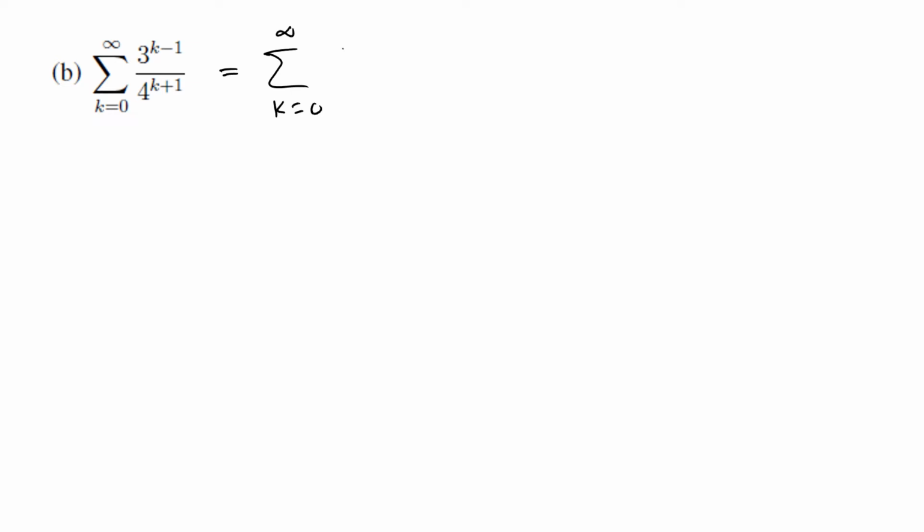You can write this one as 3^k, and then 3 to the -1, divided by 4^(k+1). Now 3 to the -1 is 1/3. So you can write this as the sum with k going from 0 to infinity. If you bring it down, 1/3 times 4 means it's going to be 12. And then we combine all the terms with k. These two terms have a k, so we're going to combine them.